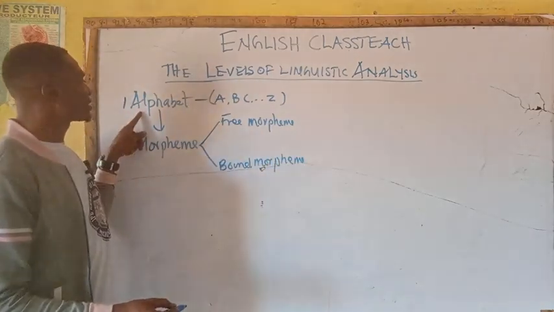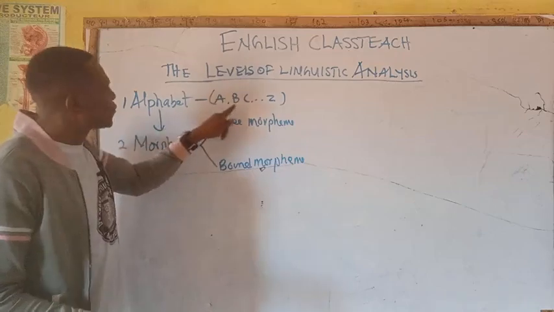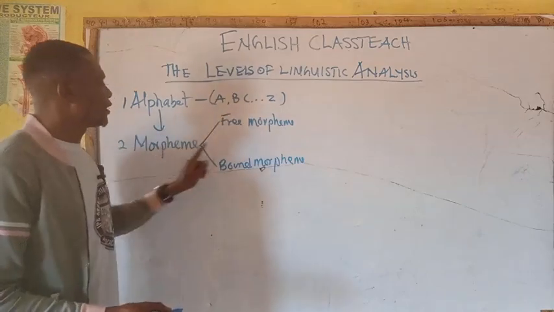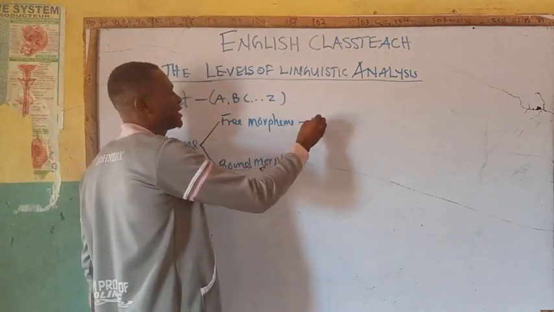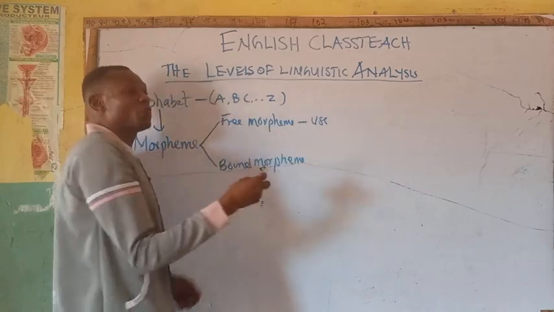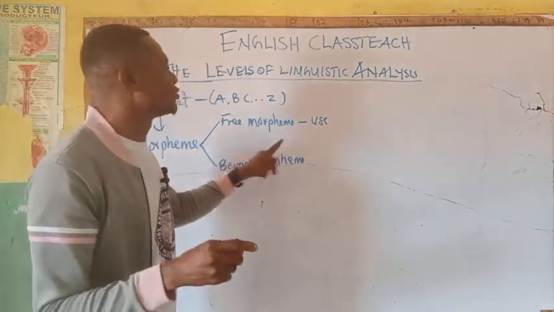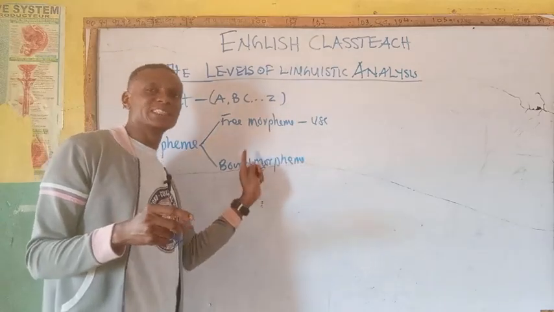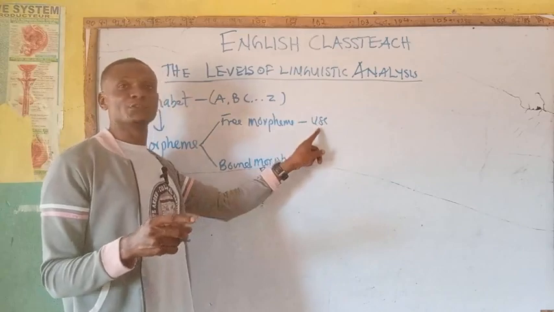So we use the strength of A, B, C to form morpheme. We are talking about the free morpheme now. A free morpheme is a group of letters that can stand on its own without depending or resting on another morpheme. Something like use.